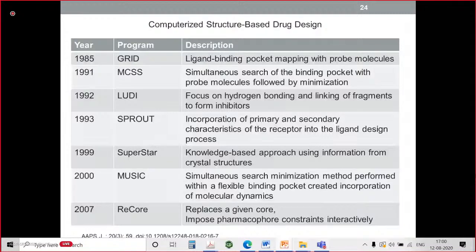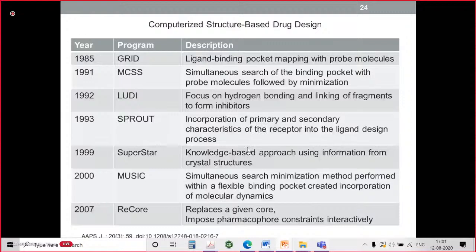Like in Grid, ligand binding pocket mapping is done with a molecular probe. In Ludi, commonly the hydrogen bonding as well as hydrophobic interactions of the fragment are taken into consideration. In Sprout, the primary and secondary characteristics of the receptor are used, where we first have to identify the binding pocket and the possible interactions there.